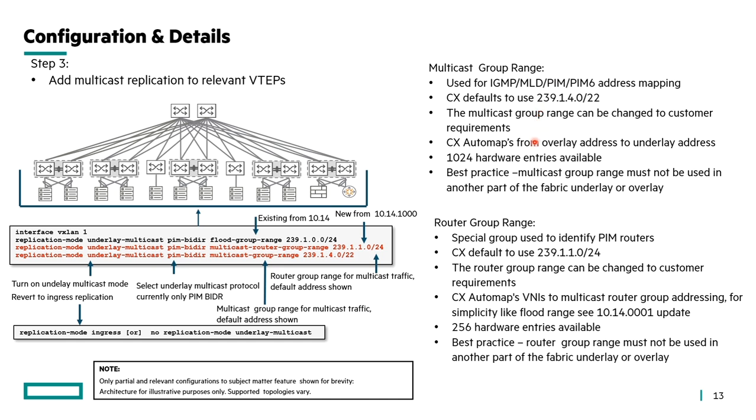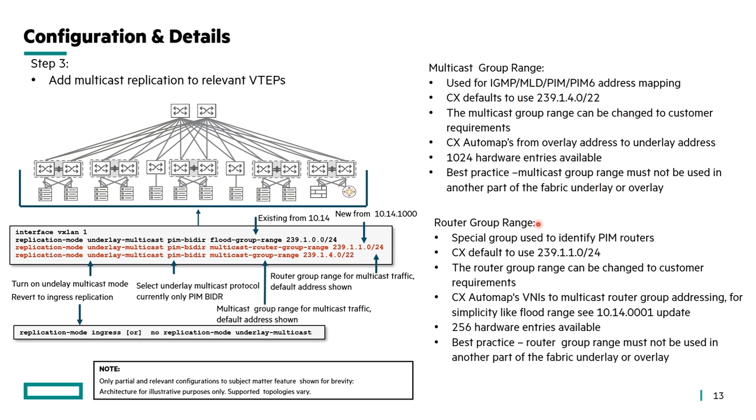Now CX auto maps the overlay address to the underlay address, and that is not user configurable, so the only thing that you can change is the actual address range. We have 1024 hardware entries available, and this maps really well to this address range. Best practice is for the multicast group range not to be used in another part of the fabric, either in the underlay or the overlay, and hence we have the ability to change this if there was a conflict.